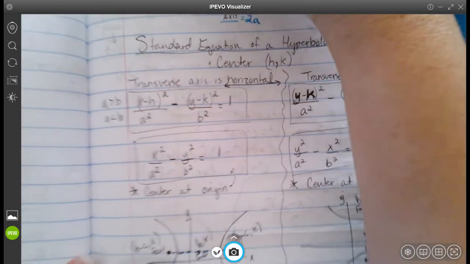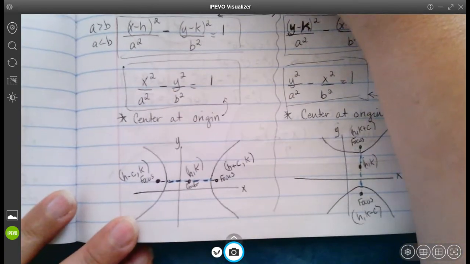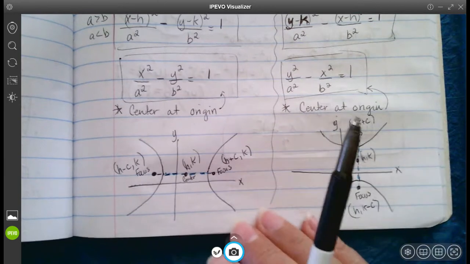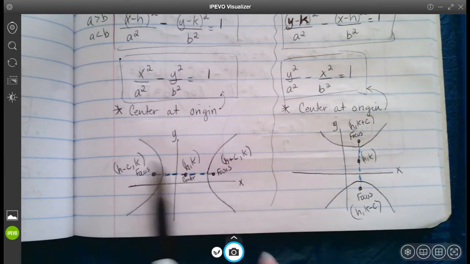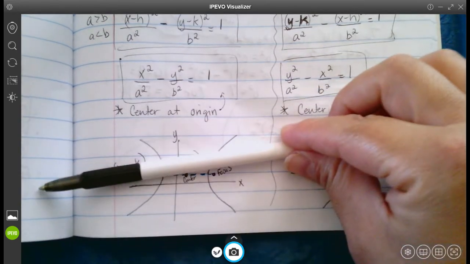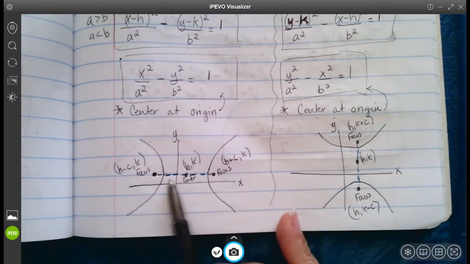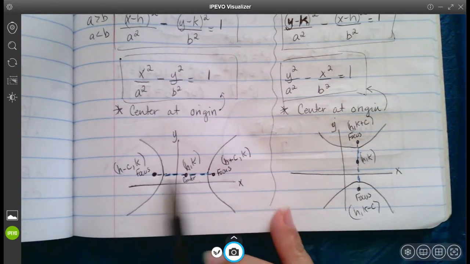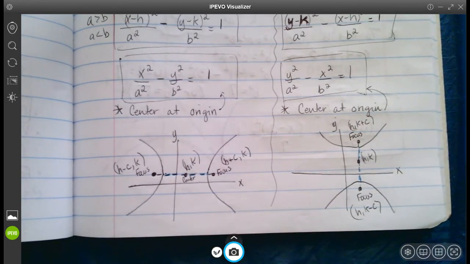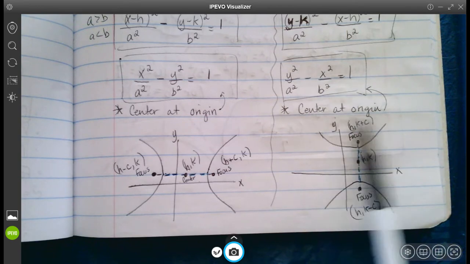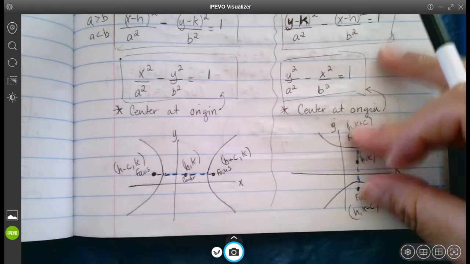Okay, and again, here are some quick representations of what those graphs might look like. We have the horizontal where the hyperbolas are kind of facing each other this way, and I did label my transverse axis here, 2a, in blue. Focus points are equal to the following. If it is vertical, then you have them kind of facing each other, but up and down.